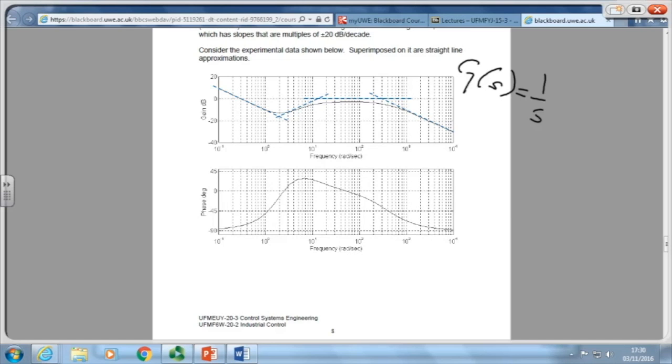Does this one cross through the 0 decibels line at 1 radian per second? No, it doesn't. Something has pushed it down or pulled it up, because 1 radian per second is over here. So my integrator has actually been pushed down. What will do that is a gain.